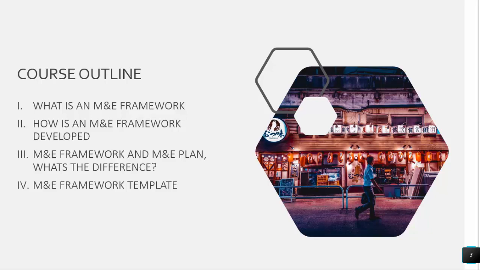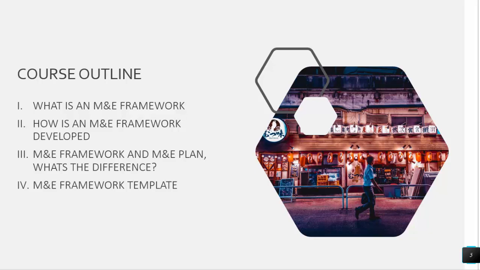So the course outline is as follows. We're going to discuss what is an M&E framework. Then we're going to dig deeper and say how is an M&E framework developed. Then we're going to look at the M&E framework and an M&E plan. What is the difference? This is something that people ask me a lot.